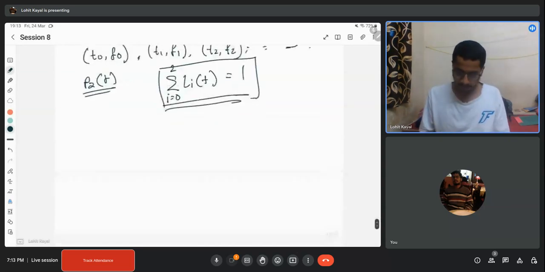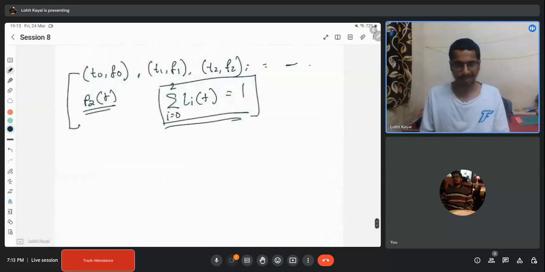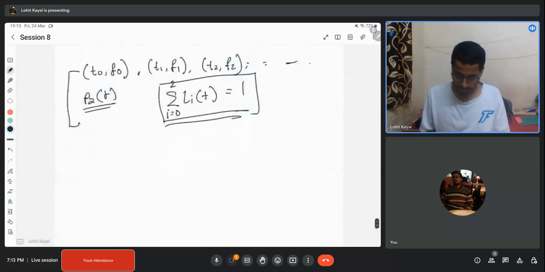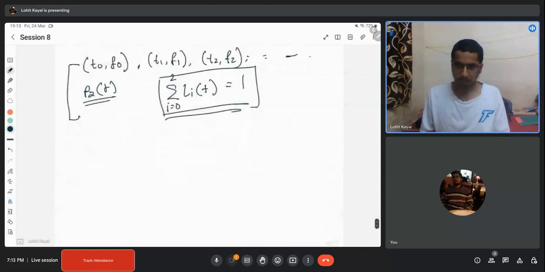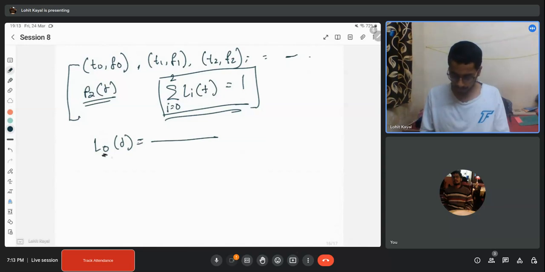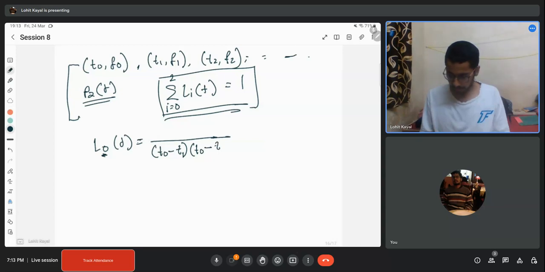Now, here I will solve it for the three data points. So let's write down L naught, L1 and L2. So what is L naught of t? Remember what I have said, you can memorize the formula like this. t naught minus t1, t naught minus t2 in the denominator, and t minus t1 multiplied by t minus t2.